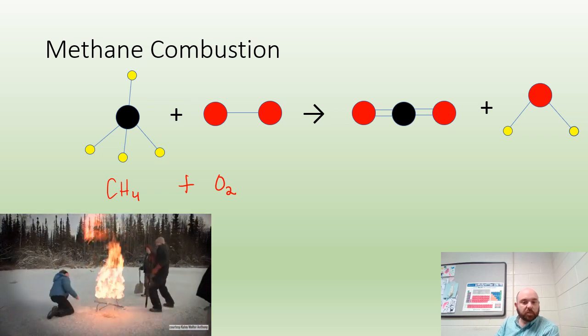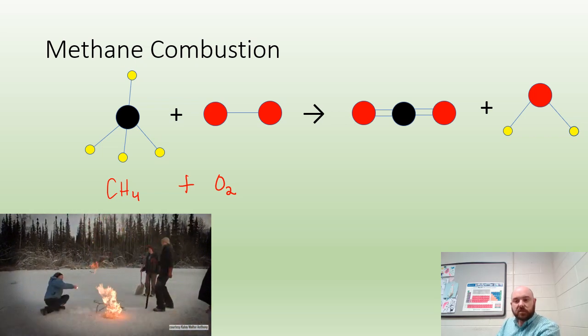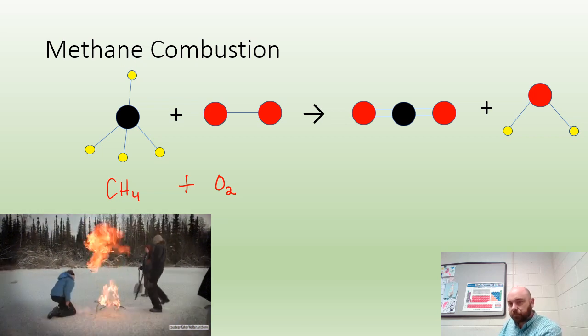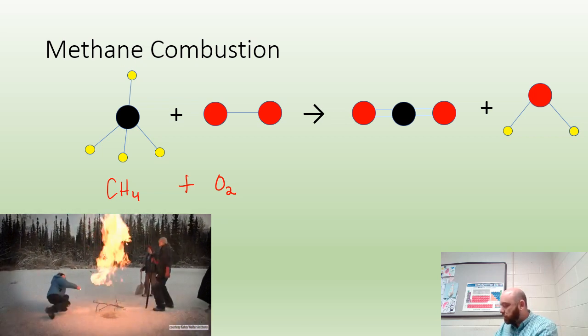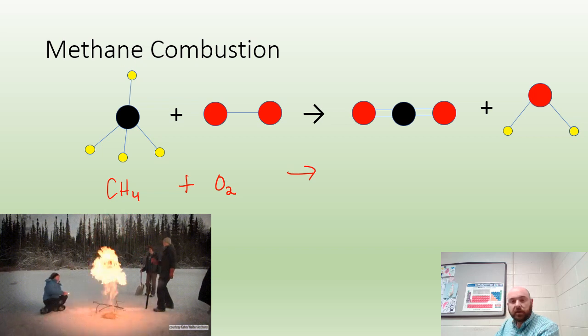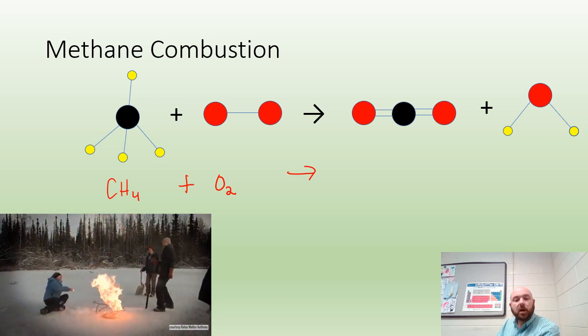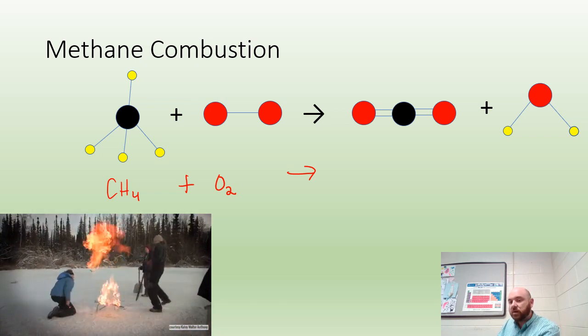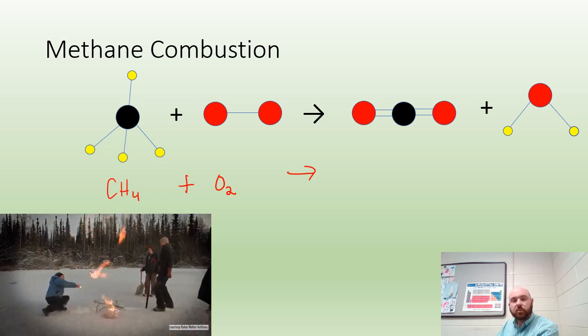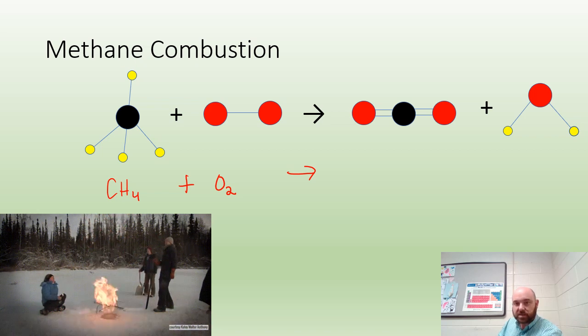Somebody provided it a spark to kick the reaction off, and then there's enough energy in this reaction to keep going as long as there's enough reactants. We see that the products, indicated by our yields arrow, are carbon dioxide and water. Now we actually have a hard time seeing those products because they're pretty well invisible, but we can see the other products, the massless products, the heat and the light that are also products of this reaction.